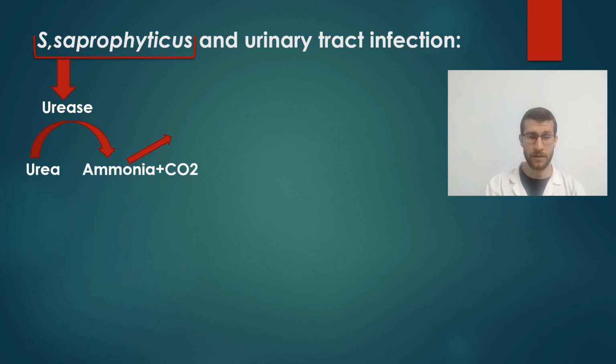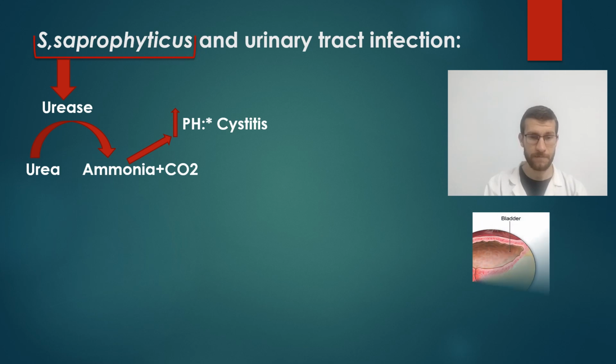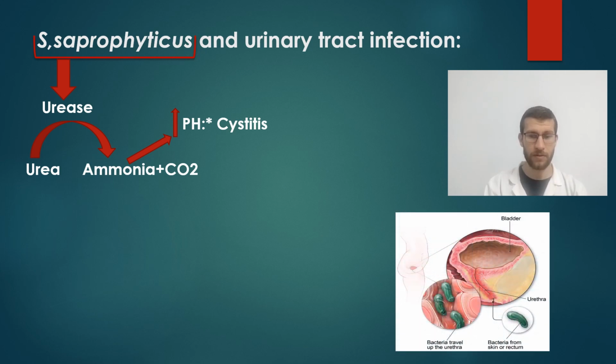But the problem is the ammonia will be modifying the pH of this milieu, and the higher the pH is, the bacterial growth will be much more, and the result is cystitis. Here's an overview of a bladder and a bacteria getting up through the urinary tract to the bladder.